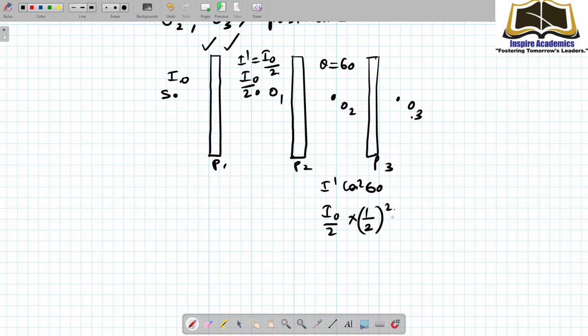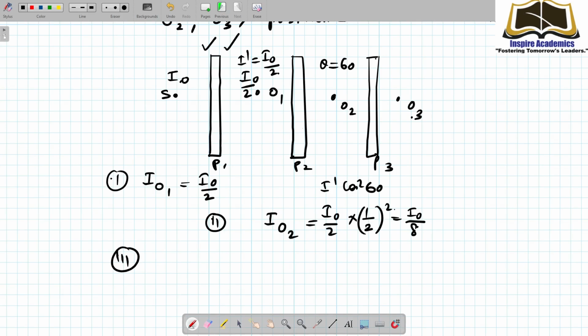Yes or no? So it will become I naught upon 8. So this is the intensity at O2. Okay, this is secondary, and the first intensity at O1 is I naught upon 2.